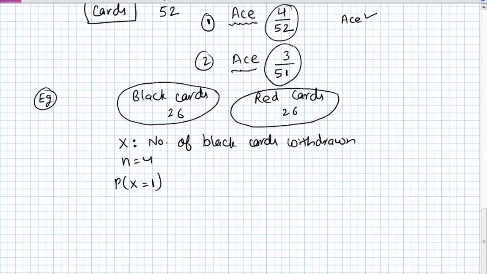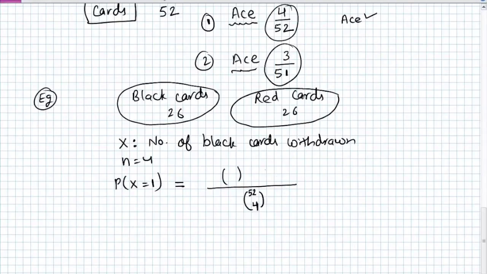To do these calculations, I am going to write a simple format. In the denominator, find all possible ways you can get 4 cards out of 52. To find that, we can write 52C4. So this will give us all possible ways we can get 4 cards out of 52.